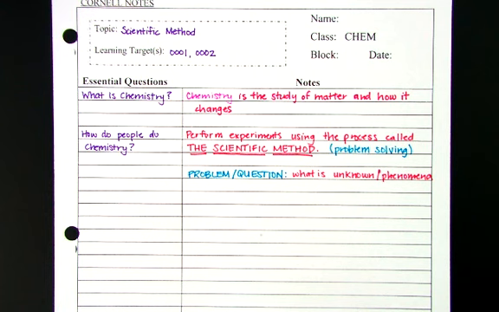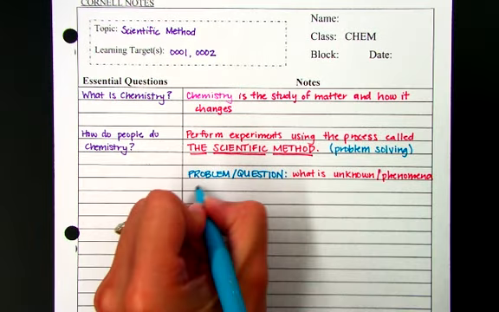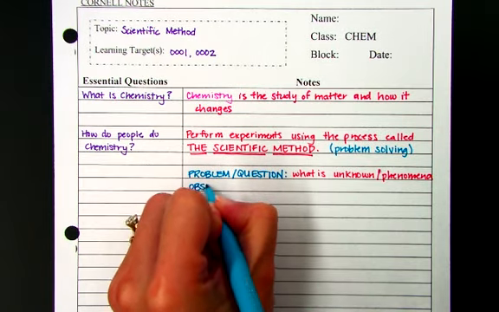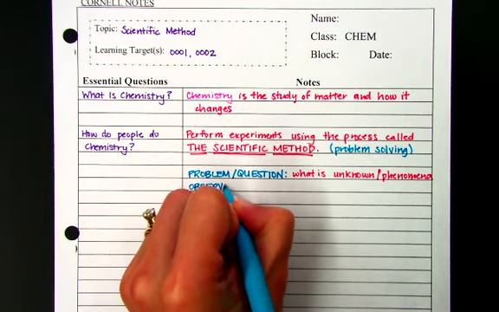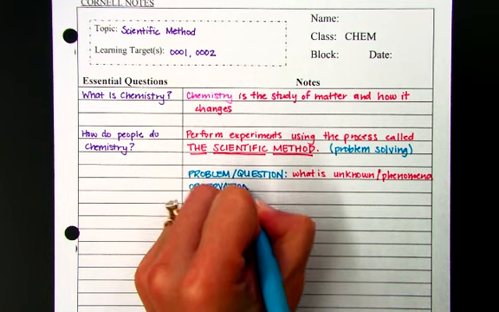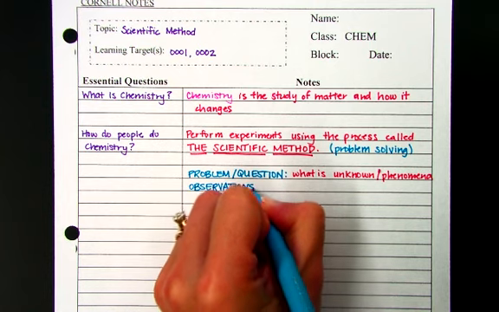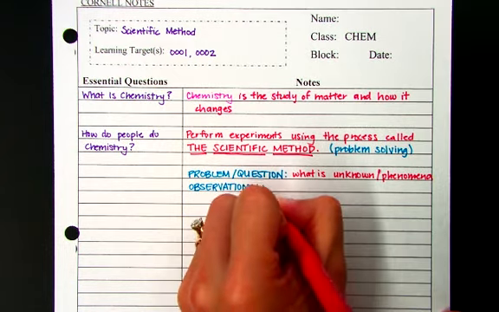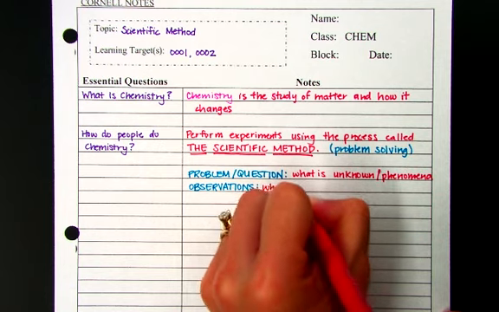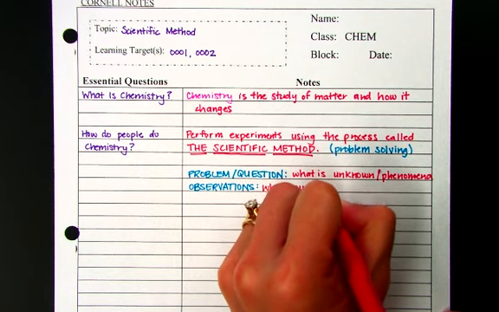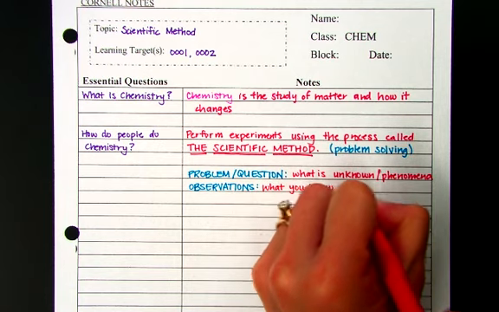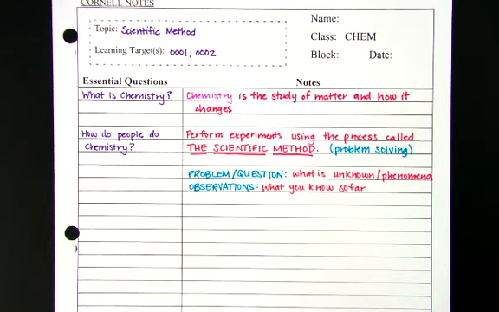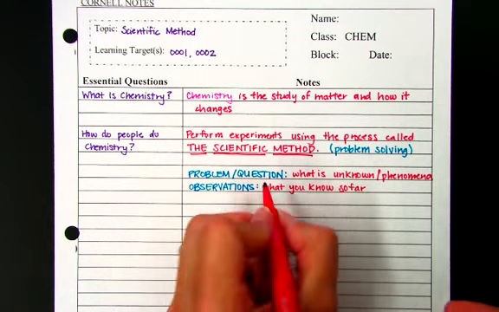Then you usually make some observations about it. These observations come back to what you know so far. It's usually what you can detect with your senses.